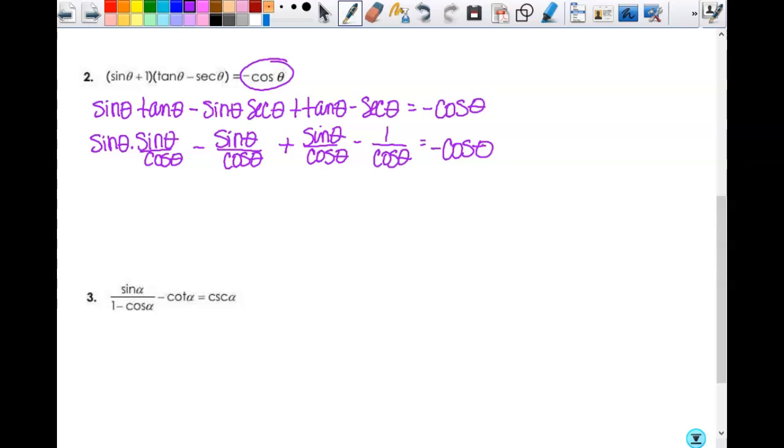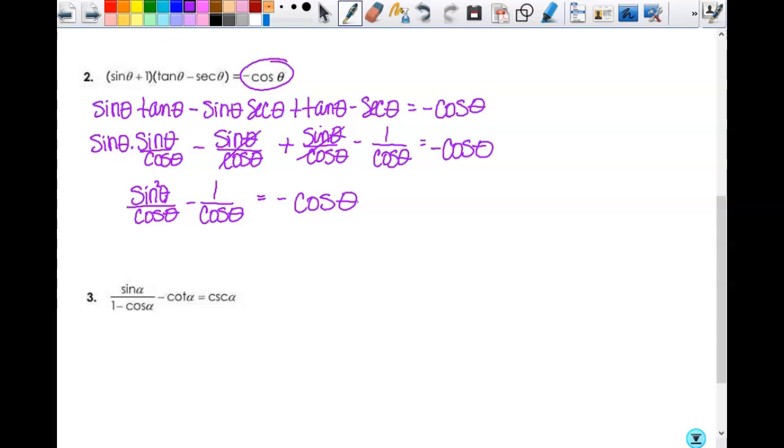Okay, so here, when I multiply this is going to be sine squared. So this is going to give me sine squared theta over cosine theta. Then I have negative sine theta over cosine theta plus sine theta over cosine theta, so those zero out. And then minus 1 over cosine theta equals negative cosine theta.